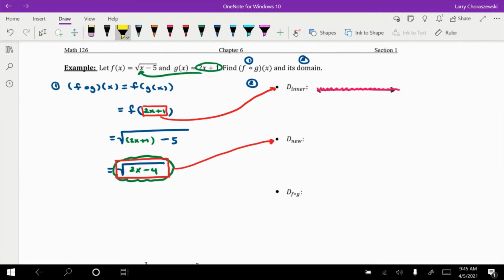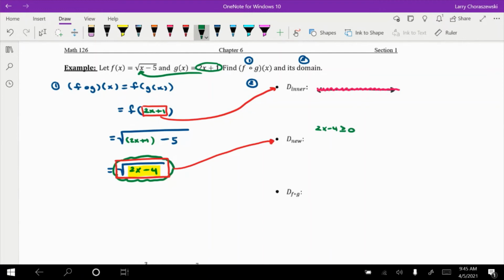Do you think it's possible to get some imaginary numbers with certain values of x with the square root of 2x minus 4? Definitely. So we have to make sure that 2x minus 4 at all costs is greater than or equal to 0. Otherwise, we get imaginary numbers.